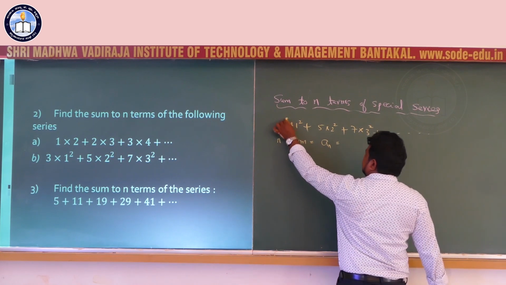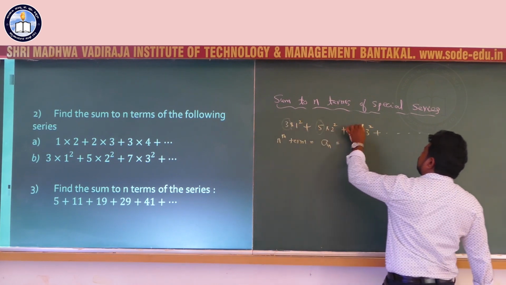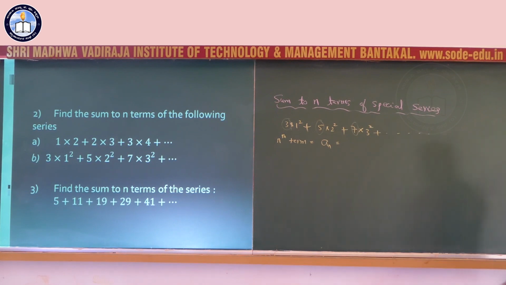Therefore, here 3, 5, 7 are in arithmetic progression. Here first term 3 and common difference 2. So, nth term is a plus n minus 1 into d, d here 2. That is equal to 2n minus 2 plus 3, that is 2n plus 1.